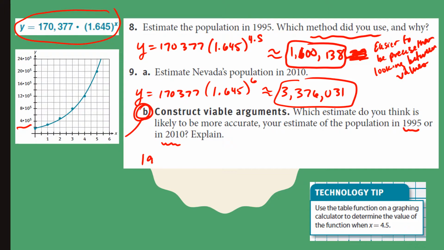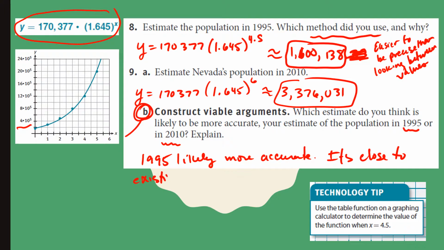So 1995 is likely to be more accurate because it's closer to the existing data. And the farther out you go, you're assuming that the pattern continues, which we're not sure that it does.